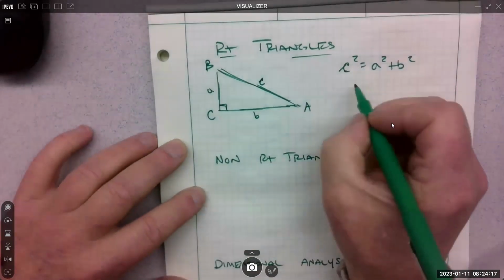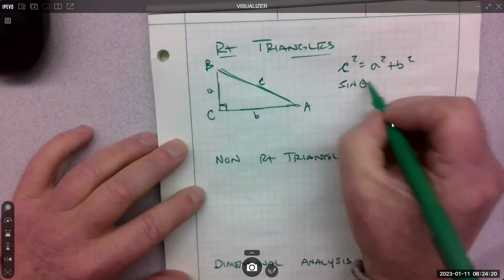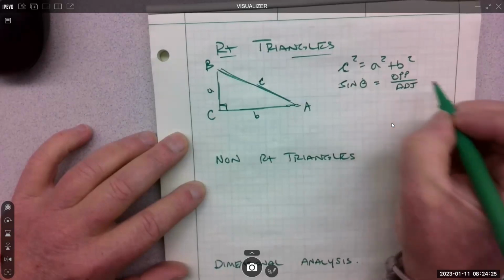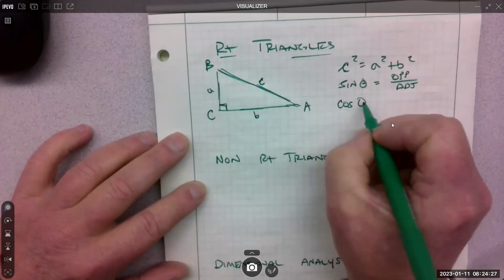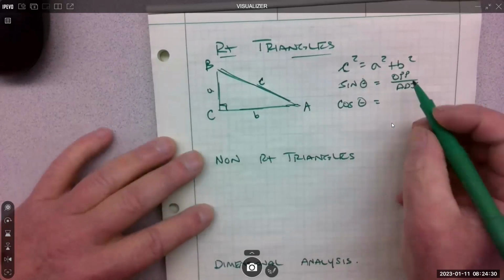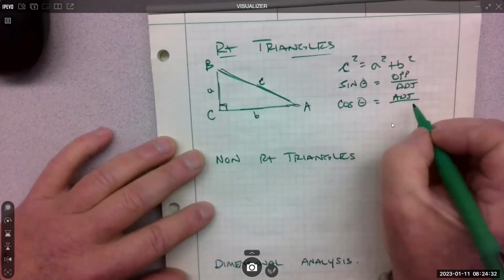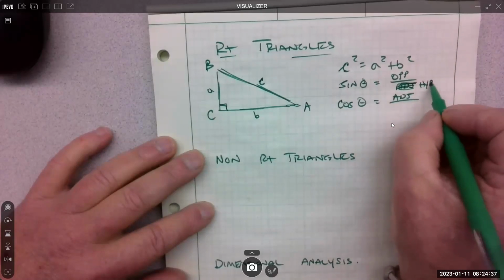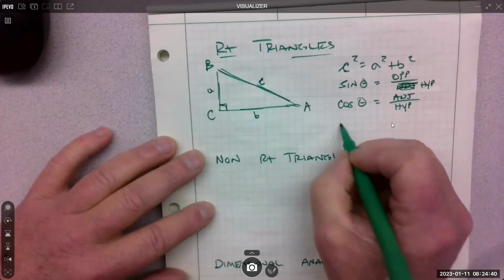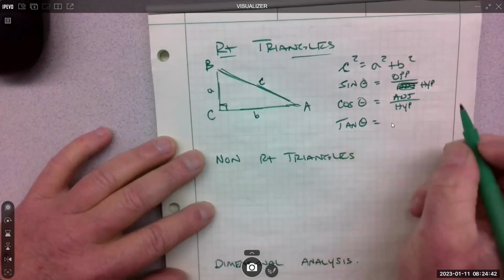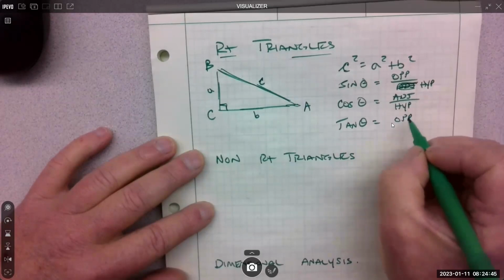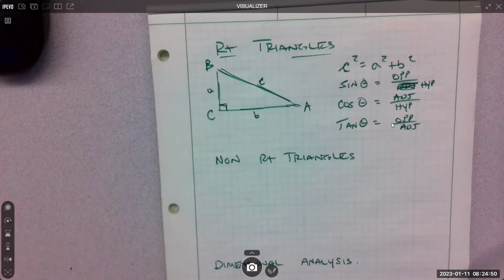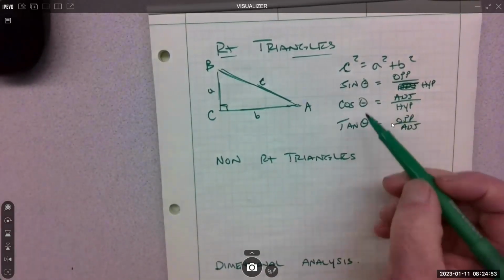And then we have these trig functions. So it all sets up from the known angle. That's all of these are going to set up from the known angle.